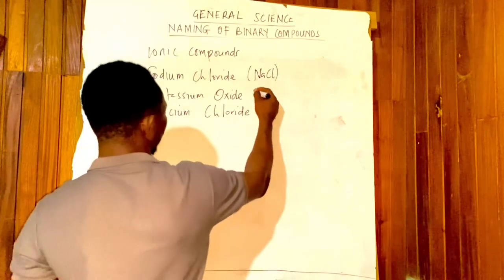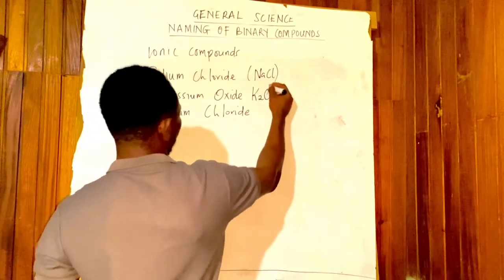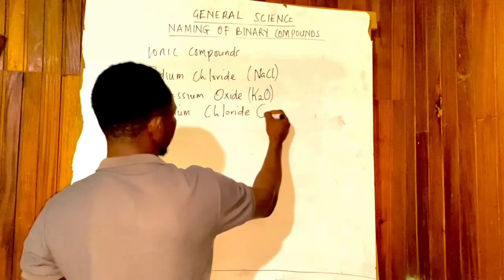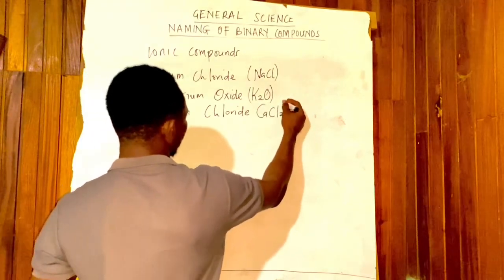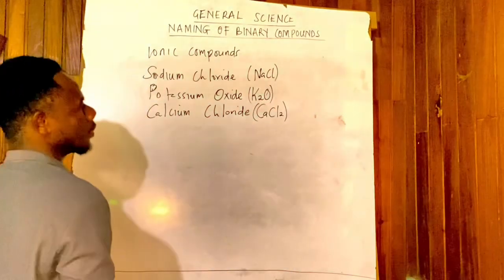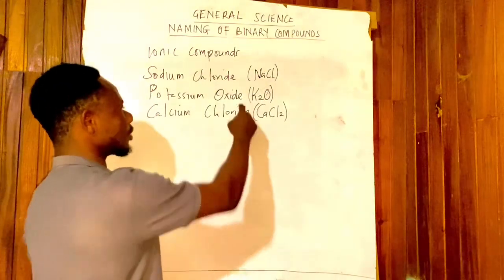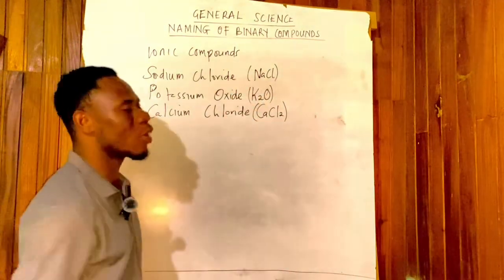That is NaCl, K2O, and CaCl2, for sodium chloride, potassium oxide, and calcium chloride.